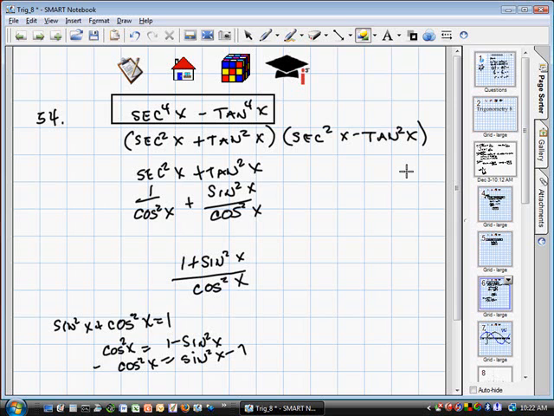But algebra actually does. I look at that and I go, isn't that the difference of two squares? And now we bring out our factoring skills. How do you factor the difference of two squares? A squared minus b squared equals a plus b times a minus b. And so do you see where I got my two factors then? Secant squared plus tangent squared times secant squared minus tangent squared.